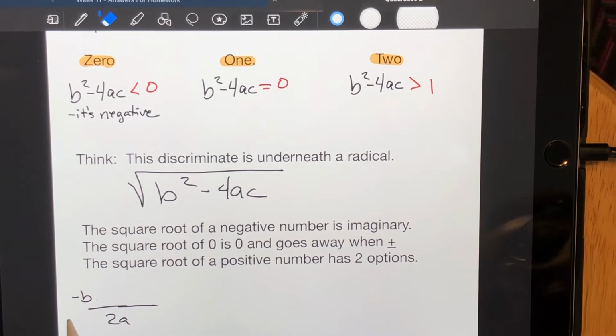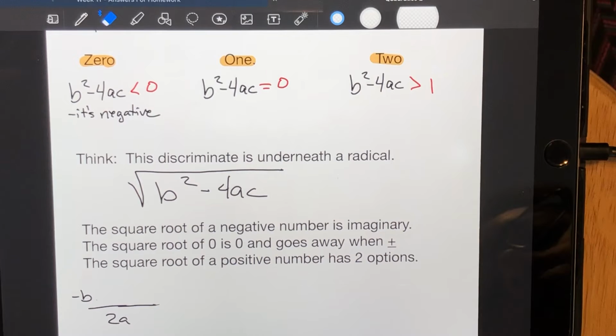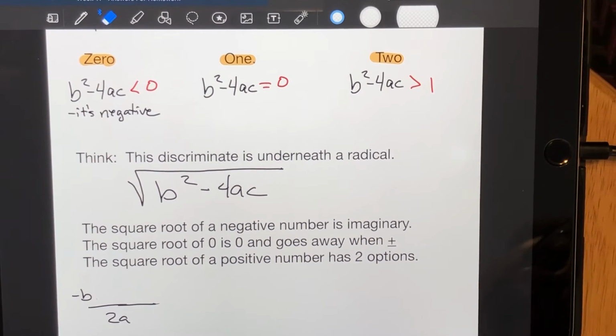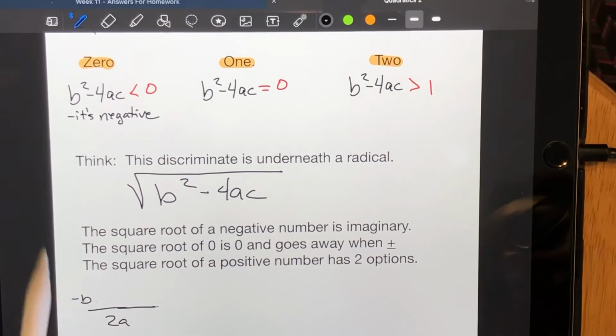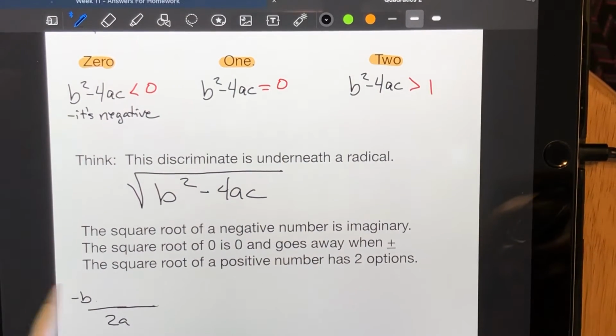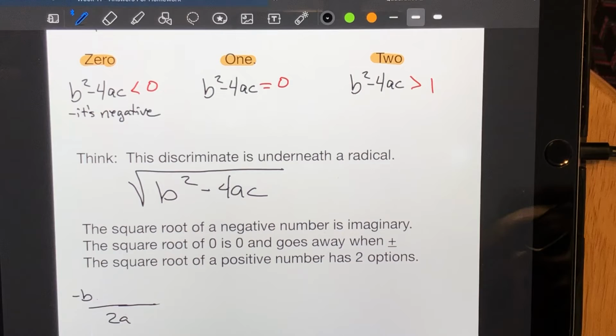What I am left with is the negative b over 2a, which was the formula for the x value of my vertex. So when that discriminant equals 0, I only have one solution, and that solution is the vertex.